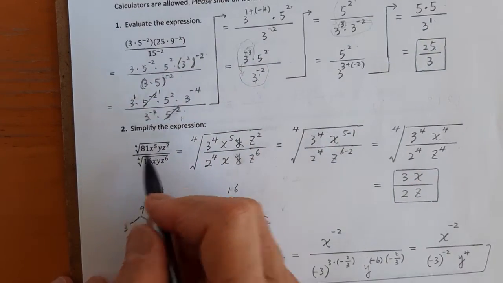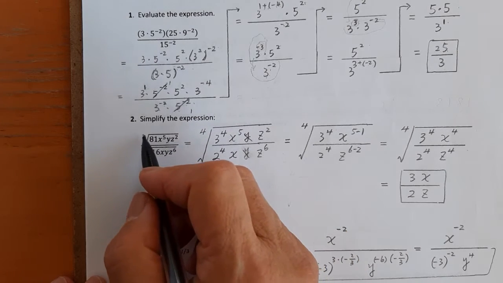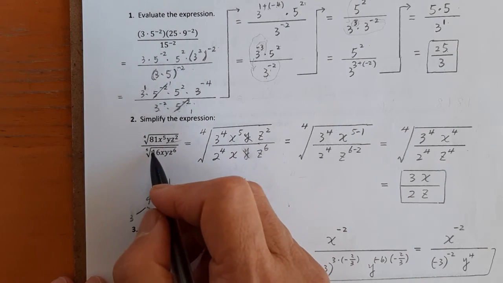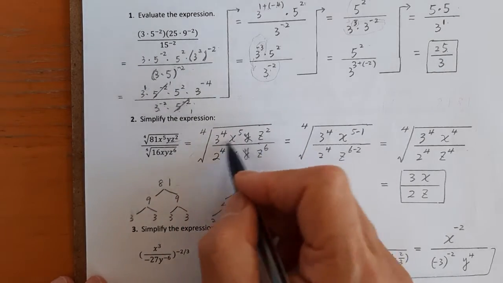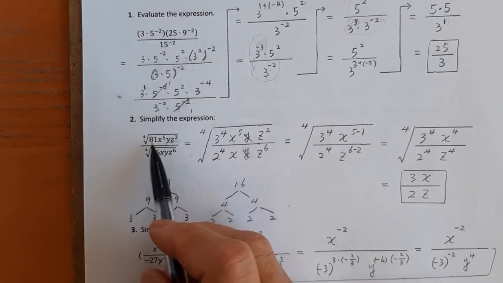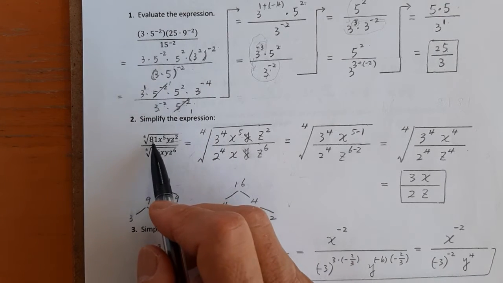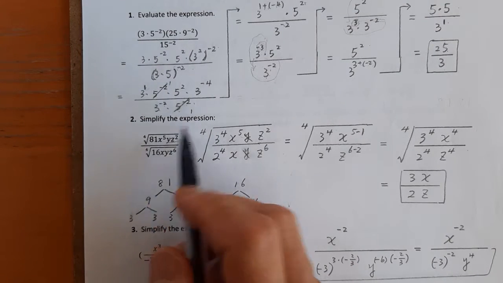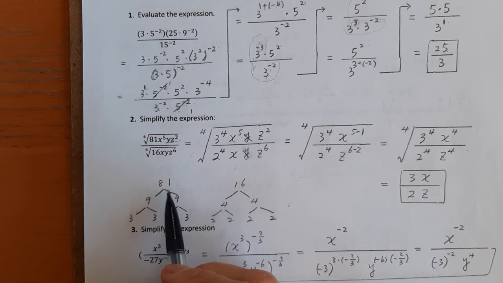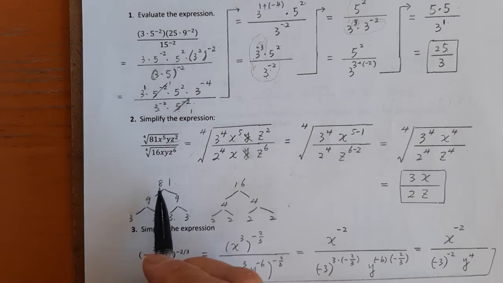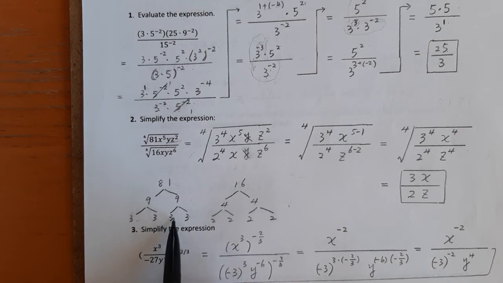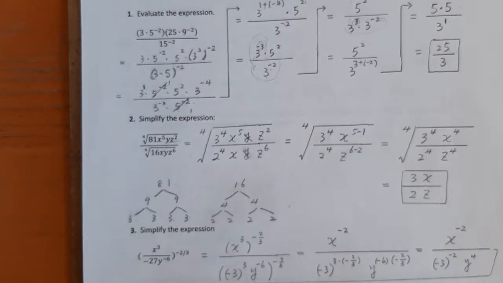Both are fourth roots, so you can put the fourth root of a over b. As the numerator, 81 is 9 times 9, and 9 is 3 times 3, so 81 is 3 times 3 times 3 times 3, which is 3 to the power 4.